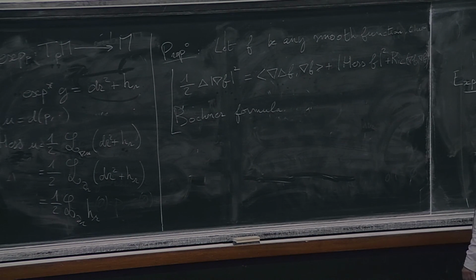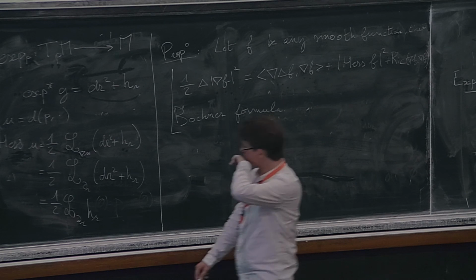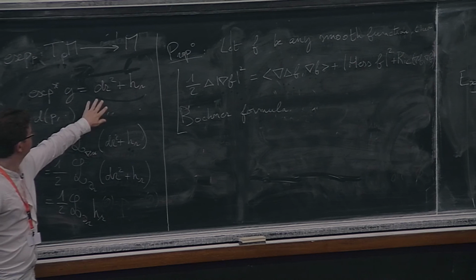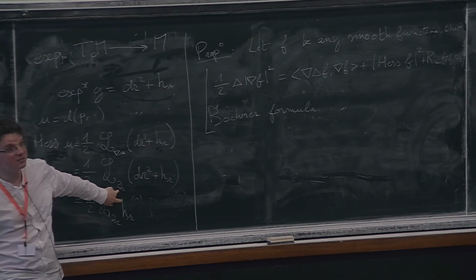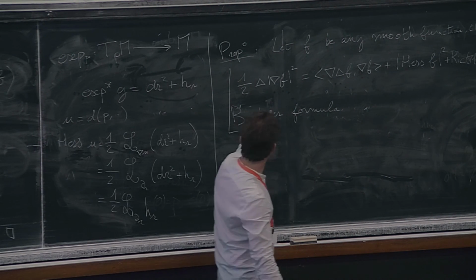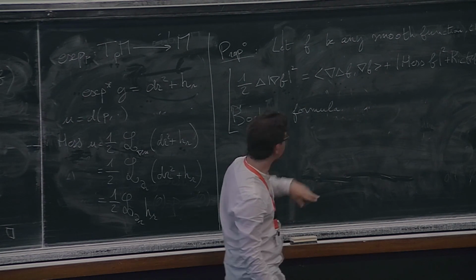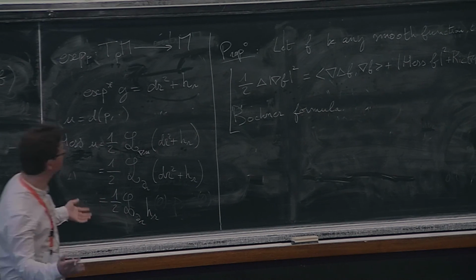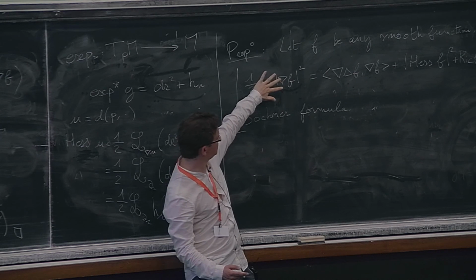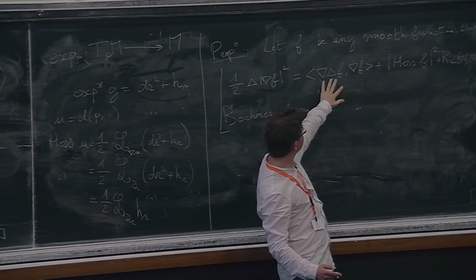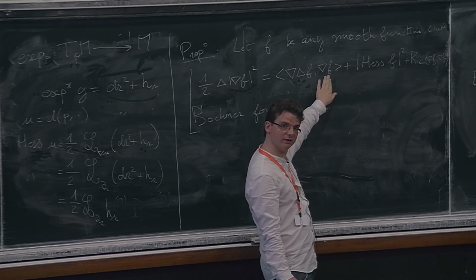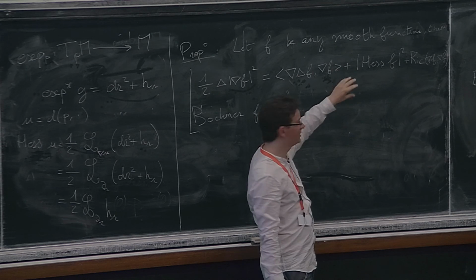So yeah, what is it useful for? So maybe let's look once again at the distance function. So we've seen the gradient of the distance function is dr. So this is a unit norm vector. So let's apply this with f, the distance function. So outside of the cut locus, this guy is always 1, so that will give 0. This will be the rate of change of the volume element here.